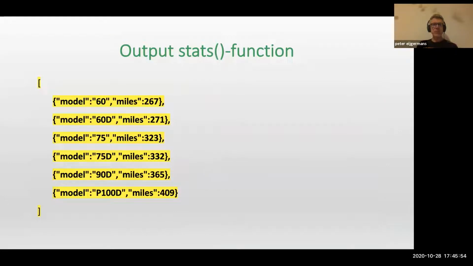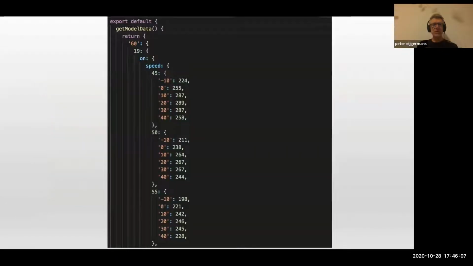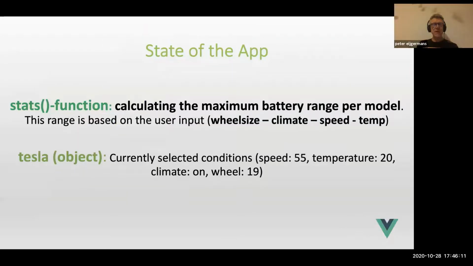This is the output of the stats function. The stats function will return an array with how far a model can drive, how many miles. This is the lookup table I was talking about. This I already told you: the stats function calculates the maximum battery range, and the Tesla object contains the selected conditions.